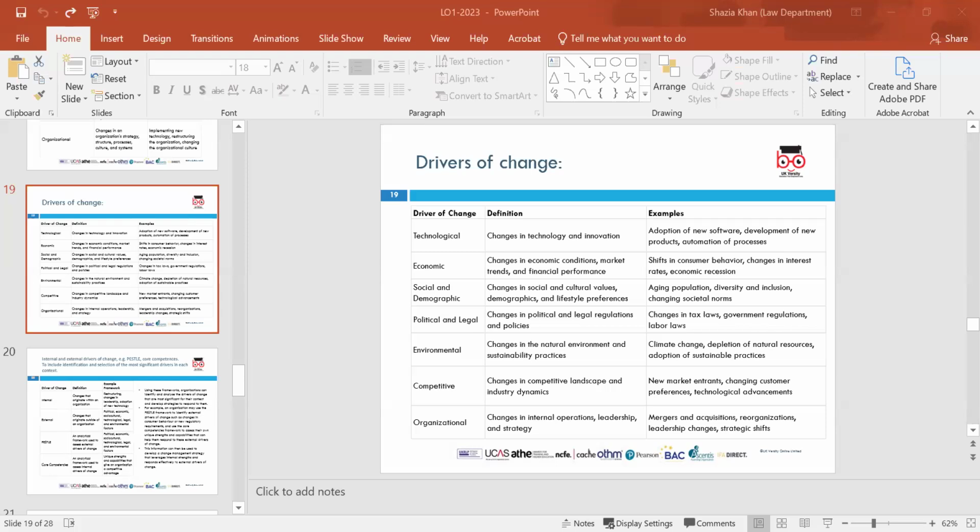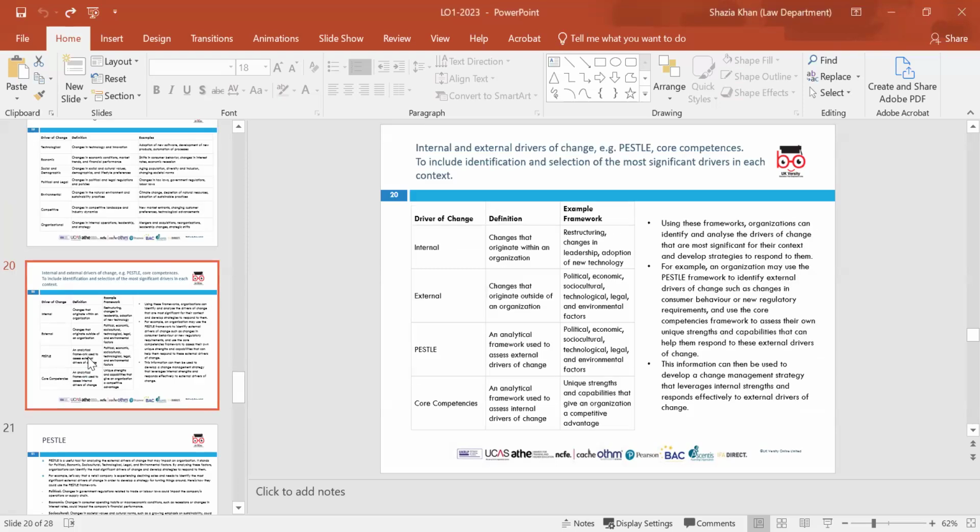That could be industry competition or new market players driving the implementation of changes. And then you've got organizational changes as well. That can be changes in internal operations, leadership and strategy. So it could be mergers, acquisitions, reorganization, leadership changes, strategic shifts. So it could be significant organizational adjustments.